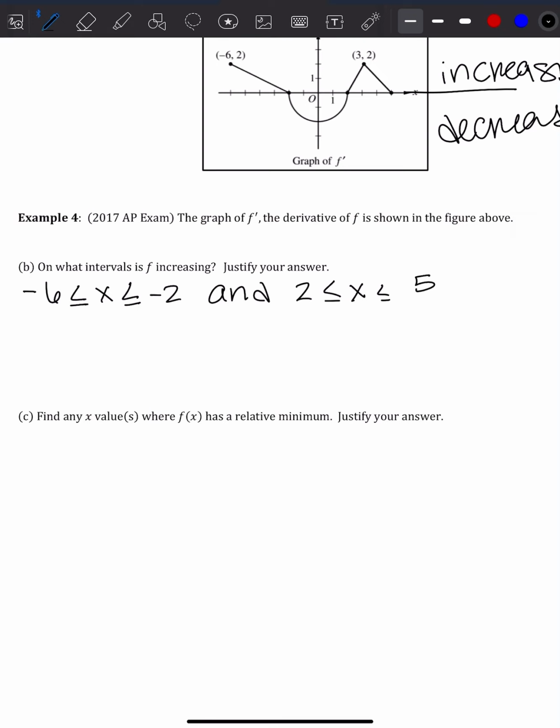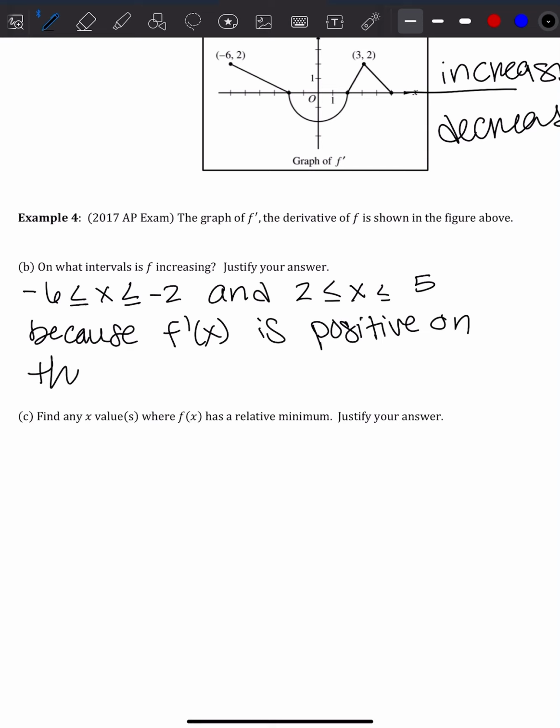And that's because f prime of x is positive on these intervals.